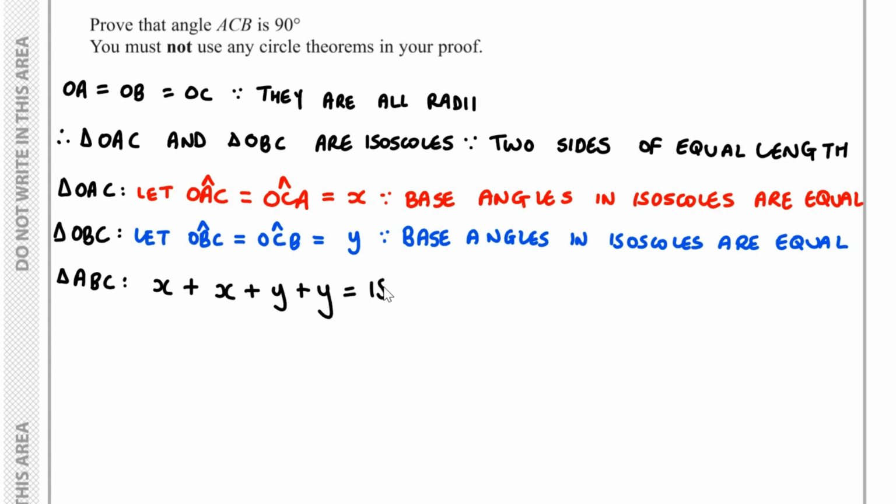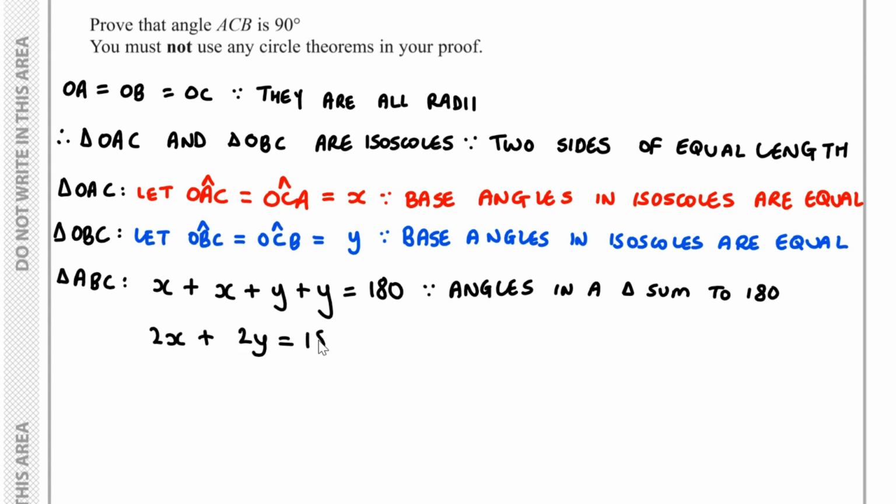All of this equals 180, and the reason for that, of course, is angles in a triangle sum to 180. So if we tidy this up, we get 2x plus 2y equals 180, and if I divide through by 2, x plus y is equal to 90.